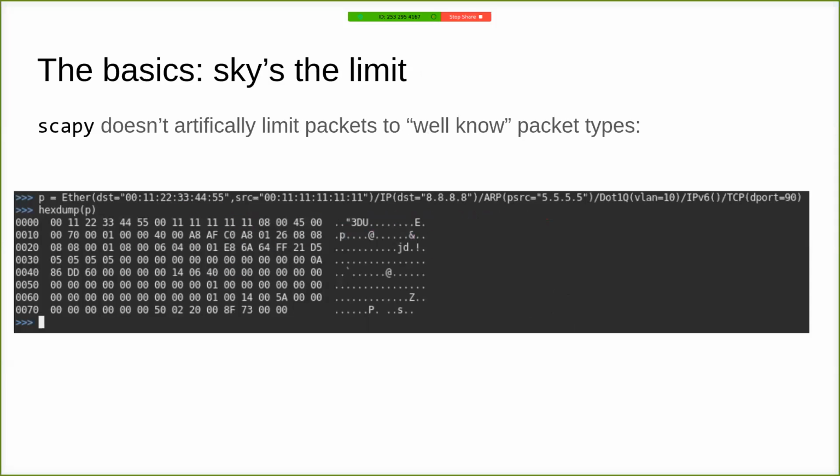So really, there's no limit on what combination of headers you want to build, even if that would make absolutely no sense in any network. Scapy doesn't artificially limit that. You can create stacks that don't make any sense, and you can even try to send them. Of course, most likely some of those stacks will just not work.